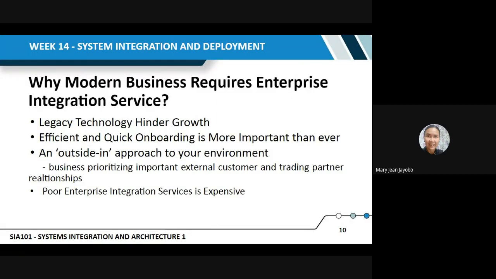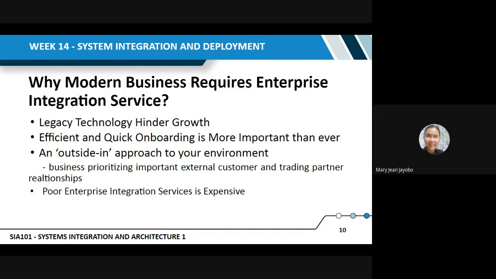Meron tayong tinatawag na legacy, no, na term sa technology. Now, when we say legacy, ibig sabihin, ito yung mga past na mga data or the informations that are being kept by the operations or by the business. So, andun yung mga information, lahat-lahat nandiyan. No? So, that's parang archive, no?